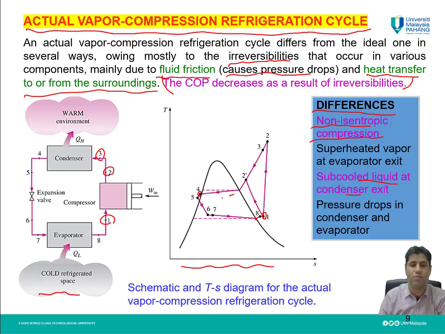This is what I told you, and you can see the dashed line is for the ideal cycle, and the solid line is what we have in the actual cycle. These are the differences between the actual and the ideal vapor compression refrigeration cycle.